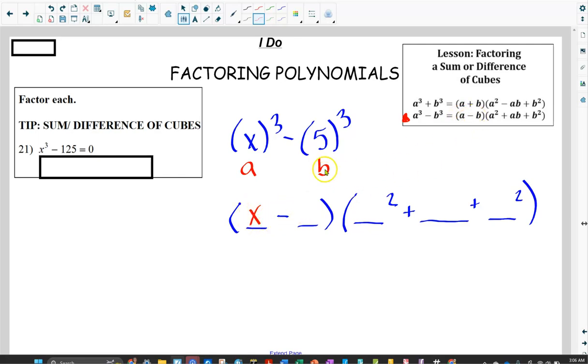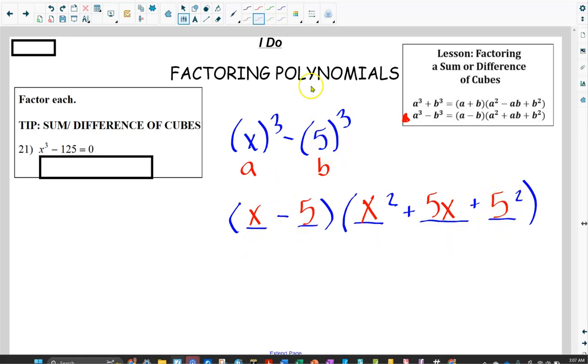Minus b. What is b? 5. And over here I need a once again, which is x, and a times b, okay, a times b, which is, be careful, it's 5 times x, and lastly I need b squared, which is right there.